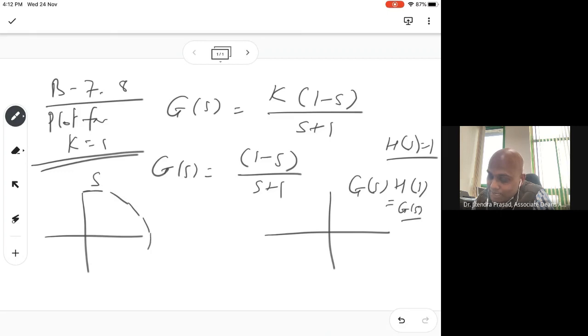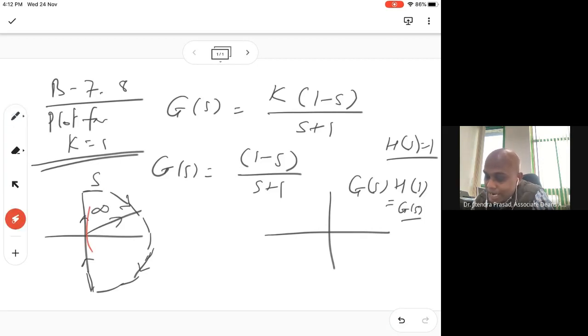You take a semicircle, clockwise, and you know that the radius is infinite.